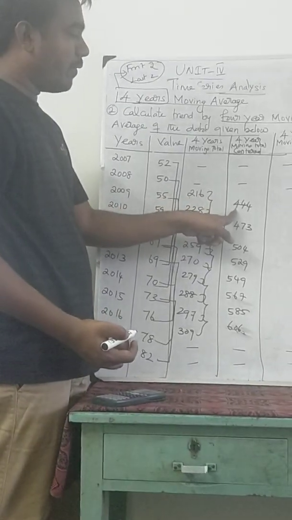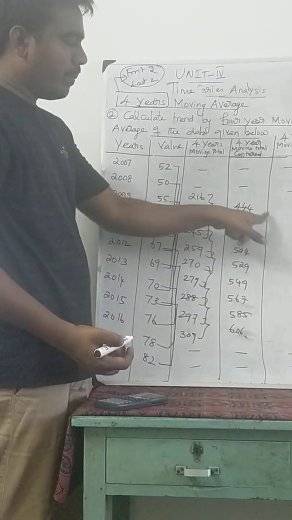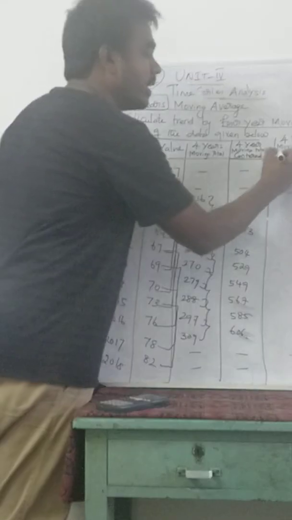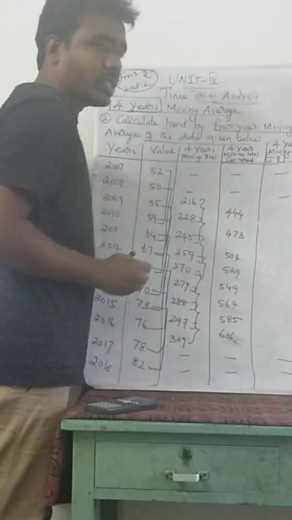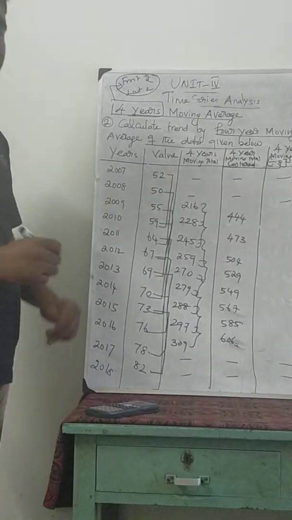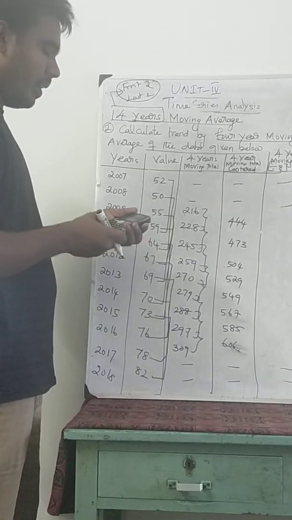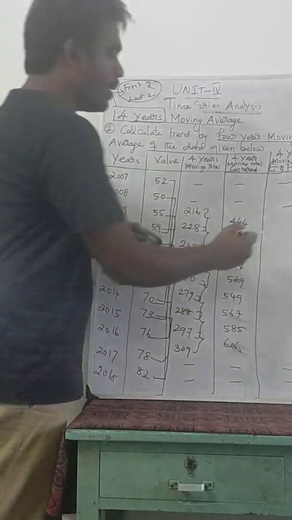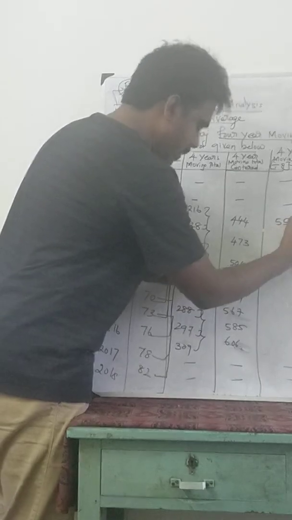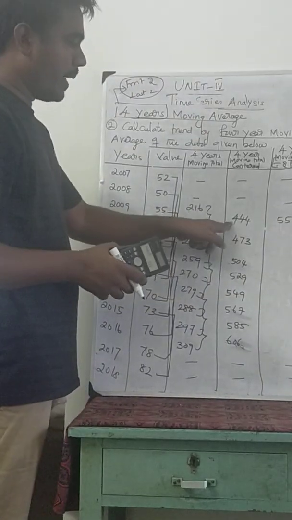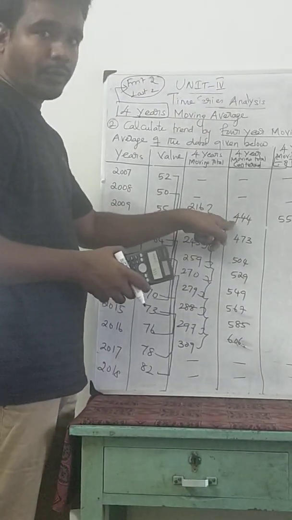This 444 we are going to divide by 8. We are going to divide all the values by 8 in order to find the 4 years moving average. So 444 divided by 8, how much? 55.5. You have to write the values straight to 444.